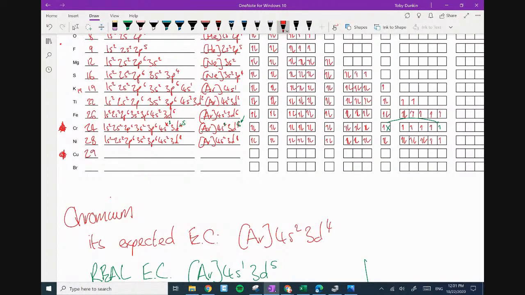Copper is number 29. 1s2, 2s2, 2p6, 3s2, 3p6, 4s2, 3d9, expected. Argon, 4s2, 3d9, expected.